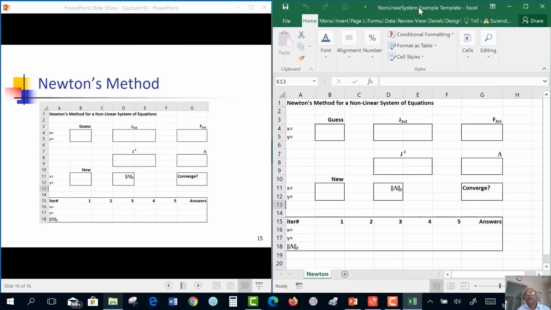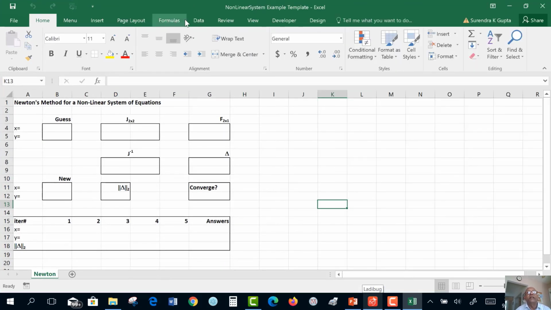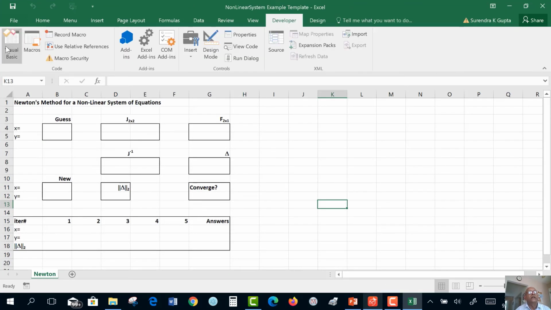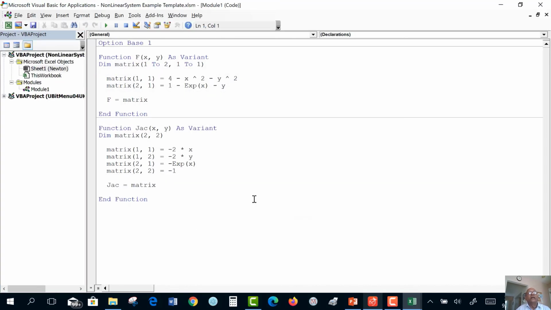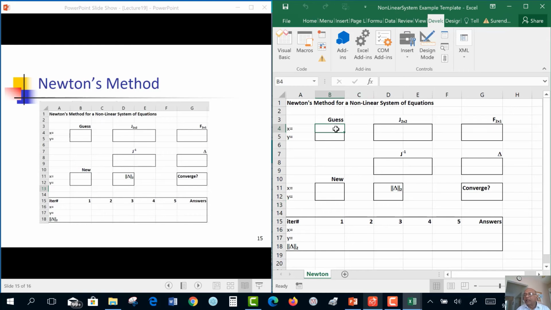So let me overlay over here. Okay, so just to let you know, I've already typed in my module 1, which are these two functions I just talked about. So we'll start with our guess, 1 and negative 1.